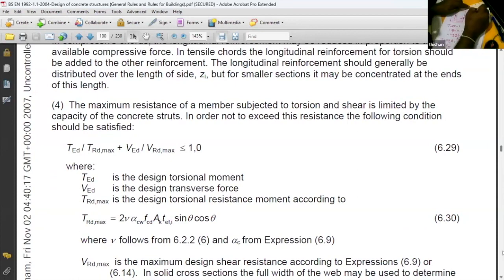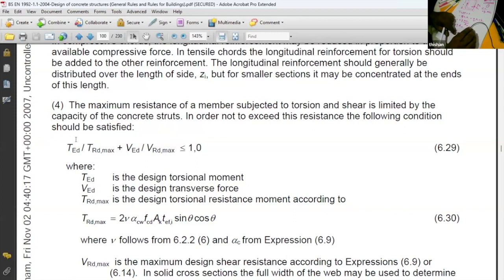So we use that equation, and TRD max is given by this equation. Again, we sorted it out, and VRD max, I showed you that there's an equation given under direct shear. VD is the actual shear, TED is the actual torsion.